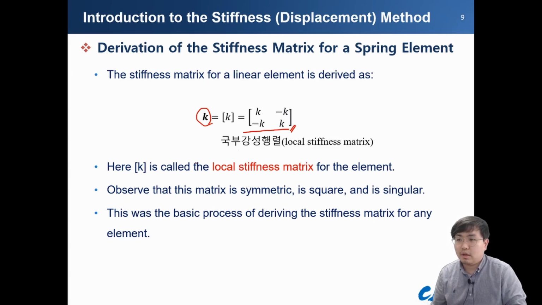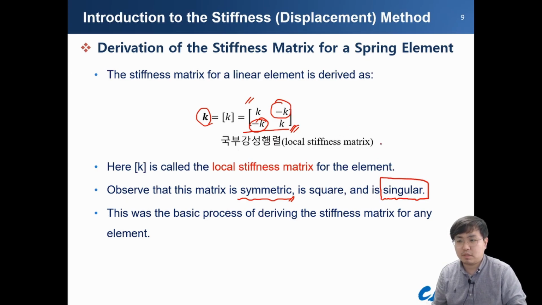This local stiffness matrix has some specific characteristics. The first characteristic is symmetry. Symmetric means that the off-diagonal terms have the same values, and this is also a square matrix. Also, a very important characteristic is that it is a singular matrix.